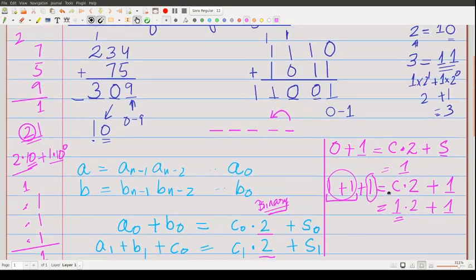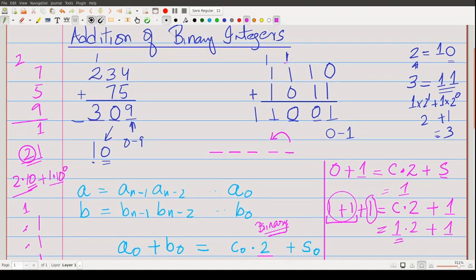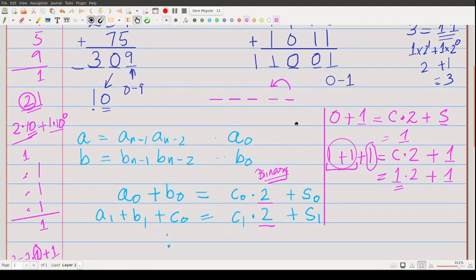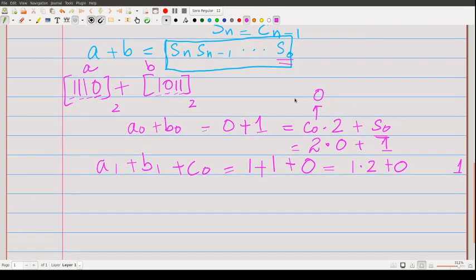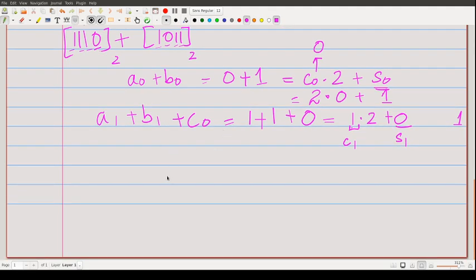And so this is where the carry comes in. So the carry came in the next digit. This is the carry that came from adding these two numbers. So this is C1 and this is S1. And so my next digit of the sum is 0. So I know that my number is 1 and 0.